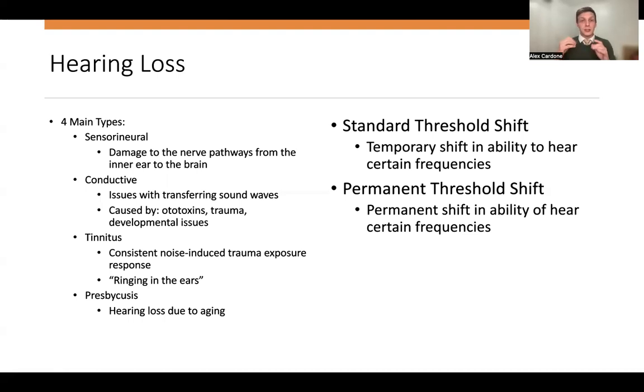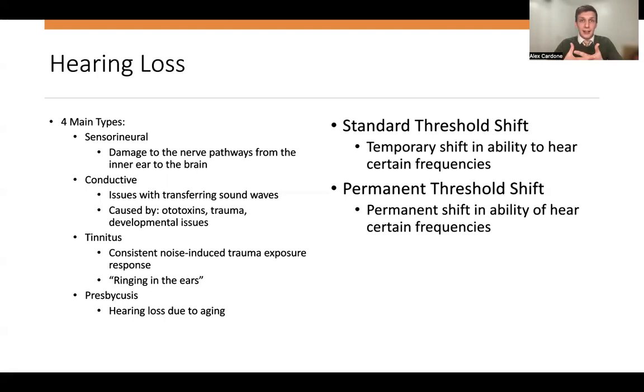That's where your ears better protect themselves. They're not being as responsive, or those hair cells are kind of bent over, so they have a harder time processing those electrical impulses. So you have to speak louder to be able to hear and to communicate. It's just a temporary shift, though.